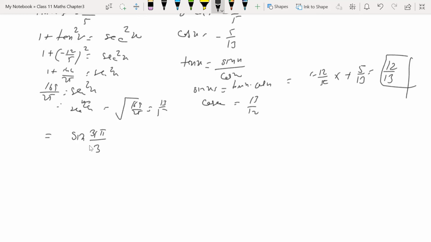We know that the value of sin x repeats after an interval of 2 pi. We can write this as 10 pi plus pi by 3. This becomes sin pi by 3, and sin pi by 3 is root 3 by 2. That is the value.